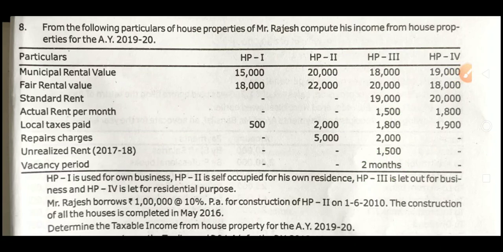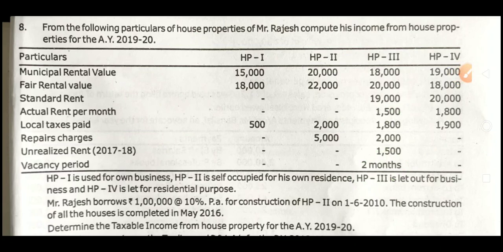So anyhow, Mr. Rajesh borrows rupees 1 lakh at the rate of 10% per annum for the construction of house property 2 on 1/6/2010. So Mr. Rajesh borrowed 1 lakh rupees loan at the rate of interest 10%. That too for construction of house property 2, not for house property 1 or 3 or 4.